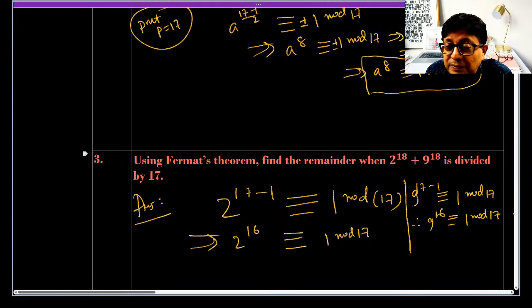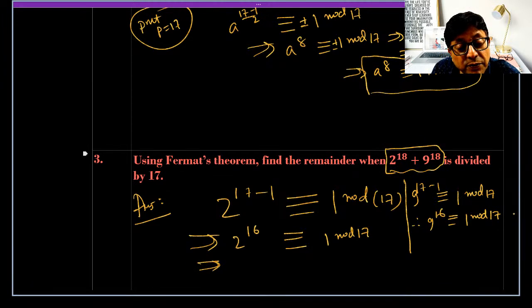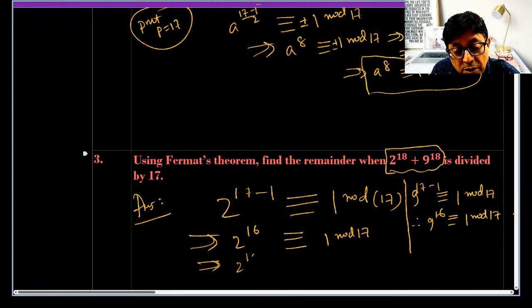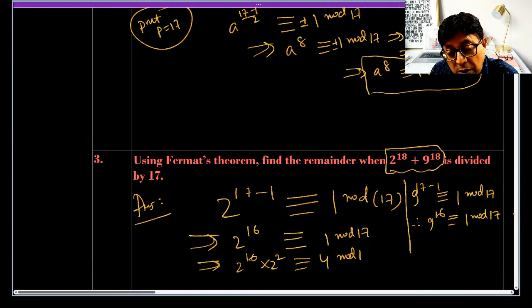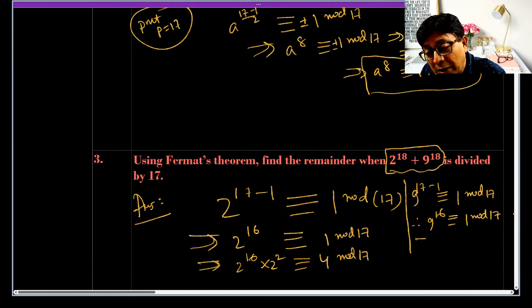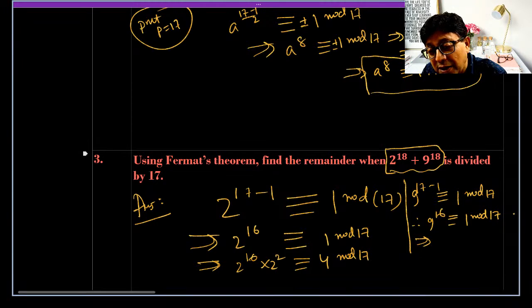Hope you have understood. But we have to reach the 18th power, isn't it? So you multiply both sides by 2 square, 4. Isn't it? Here also you multiply by 2 square.